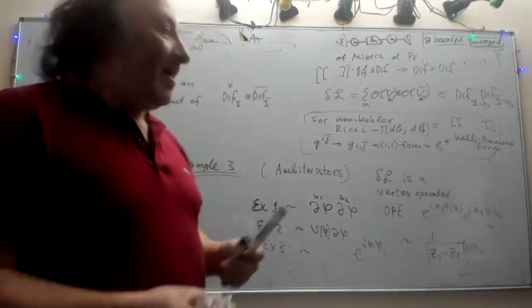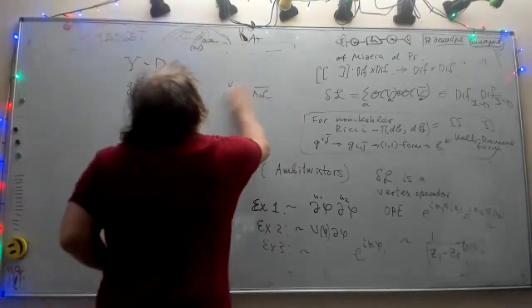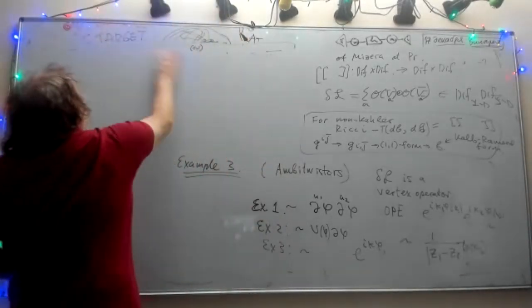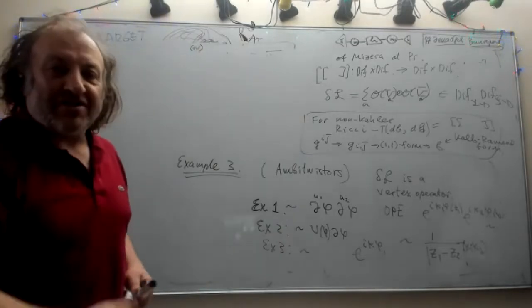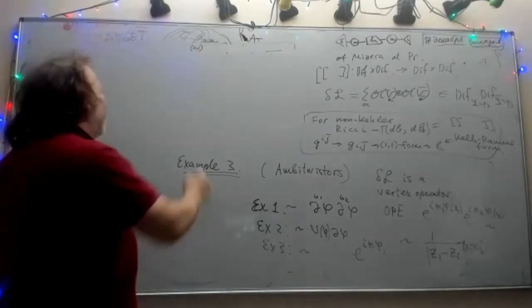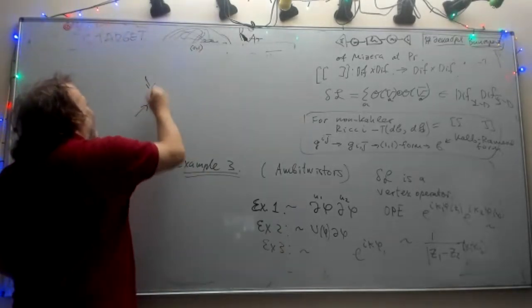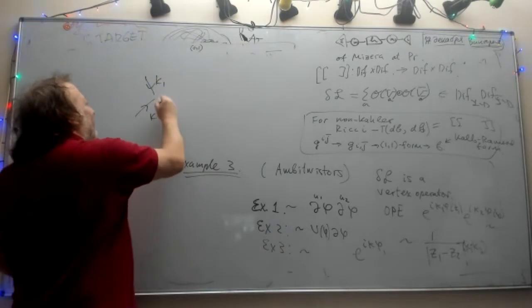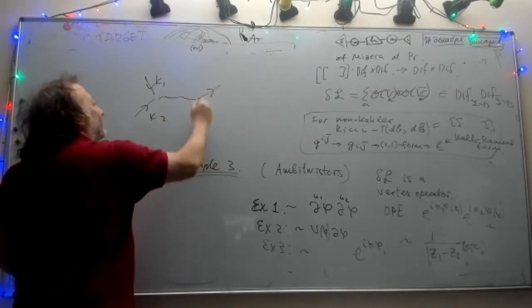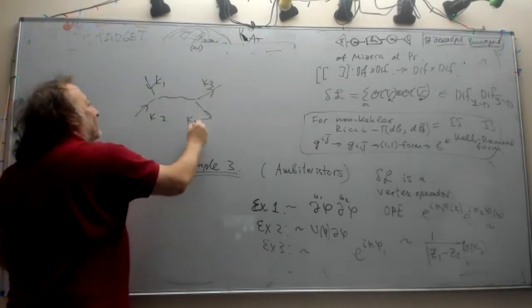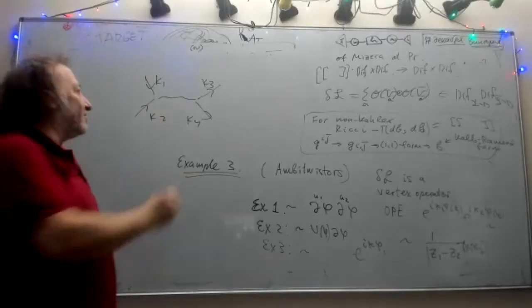So at some moment you will look at ambitwister strings, and I just need to tell you how people think about it. People are thinking about particles, about scattering of particles. So you understand this diagram.